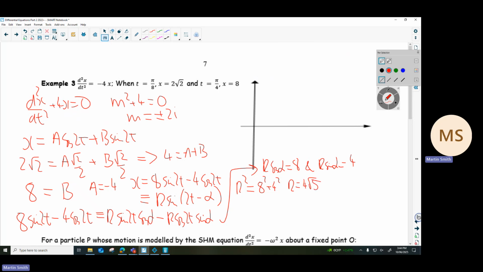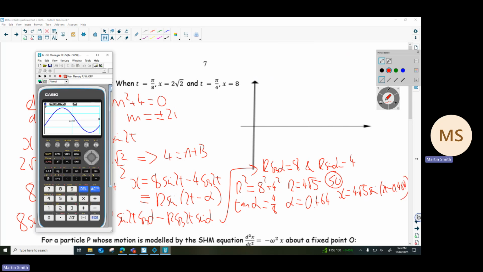If you divide these two equations, you get tan alpha, because the r's cancel, is 4 over 8, which gives alpha is, in radians, 0.464. So putting all that together means that x is equal to 4 root 5 sine of 2t minus 0.464.